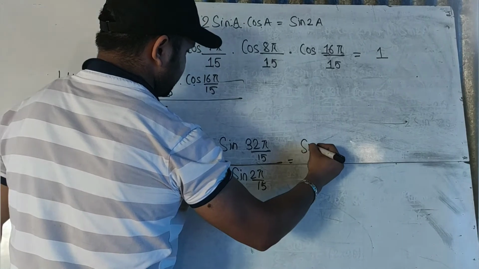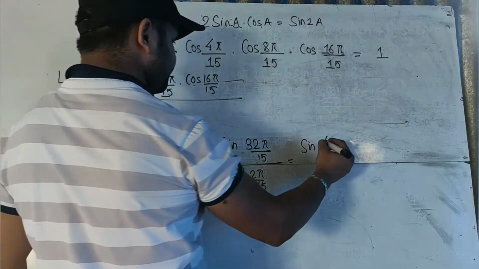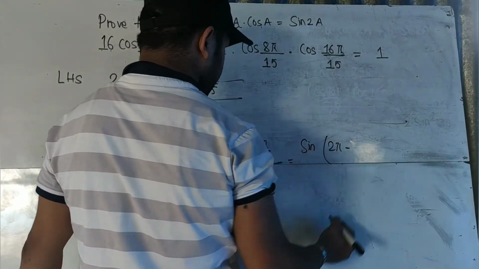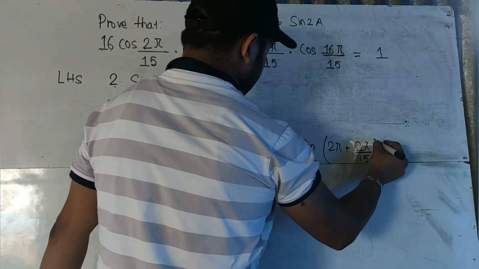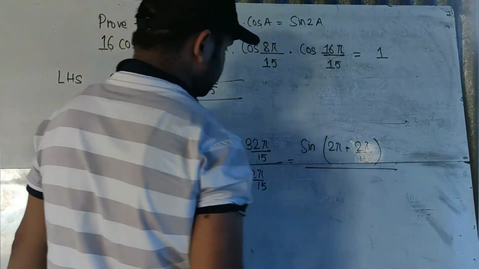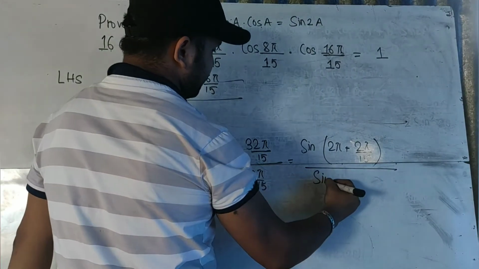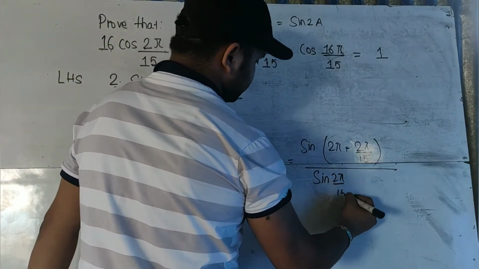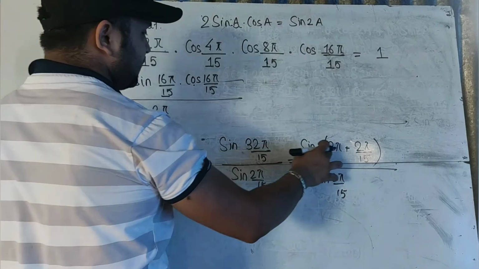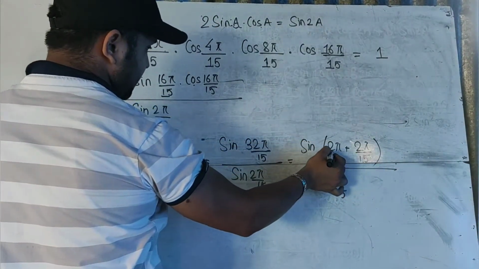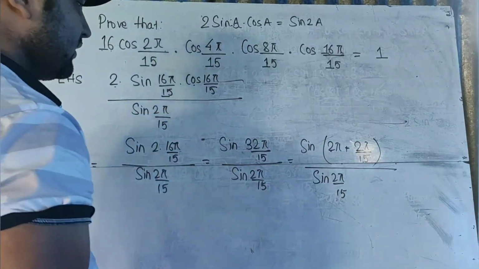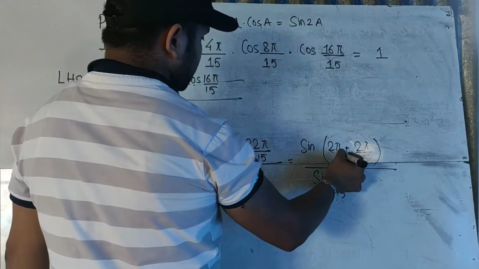Now further this can be written as sine of 2 pi plus 2 pi by 15. 32 pi by 15 and 2 pi plus 2 pi by 15 give you the same value. 15 into 2 is 30, 30 plus 2 is 32. So it will give the same value.